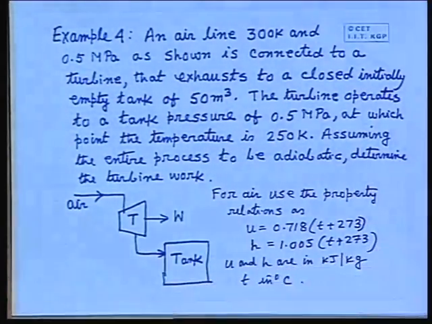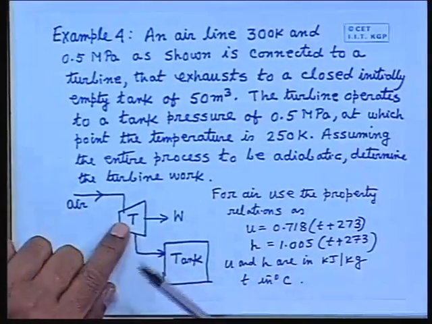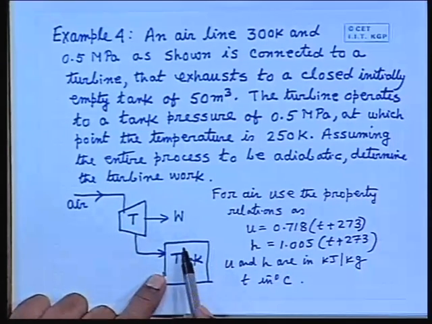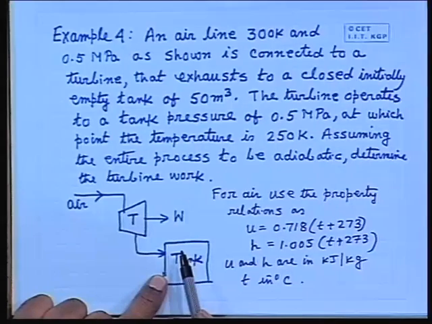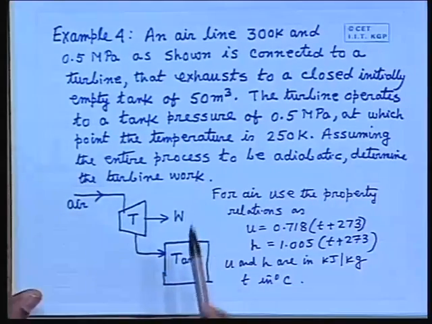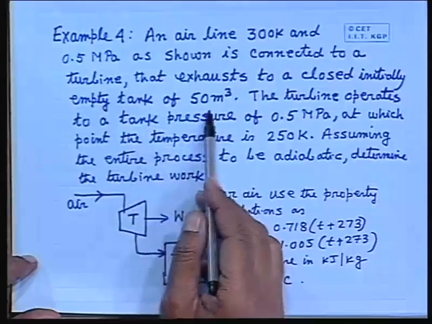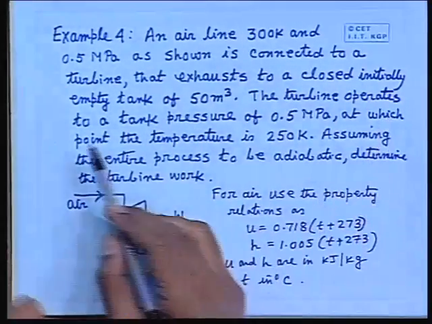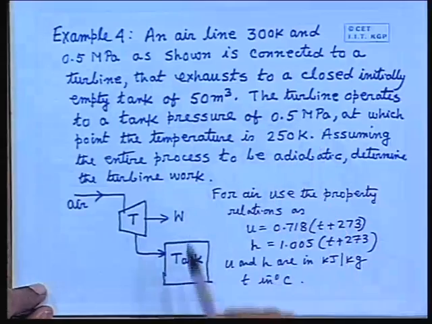Sorry, this one is the turbine. That exhausts to a closed initially empty tank. Almost the similar problem, but we ask a different quantity. A closed initially empty tank of 50 meter cube. The turbine operates to a tank pressure of 0.5 megapascals.